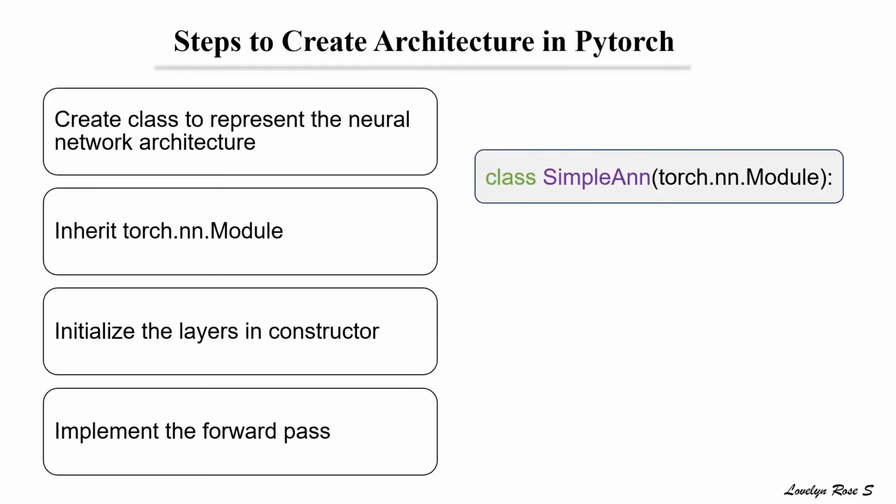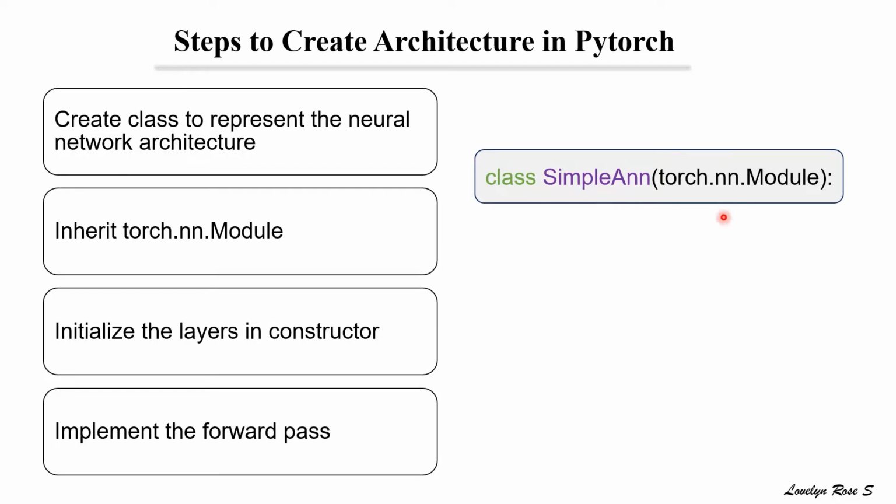So what are the steps to create an architecture in PyTorch? That is, I just want to create the input and the output layers and the hidden layer. So first, I have to create a class. This class is the representation of the neural network architecture. In my example, I have given the name of my class to be SimpleANN.